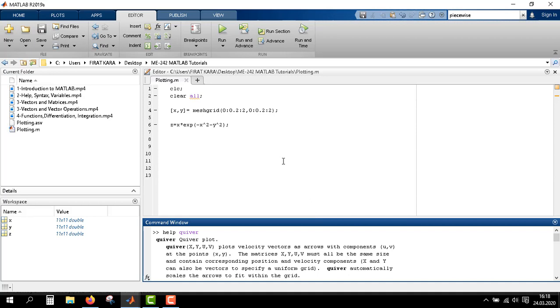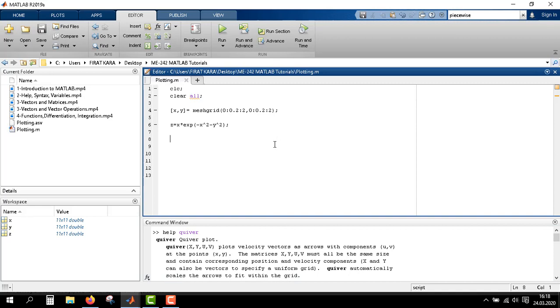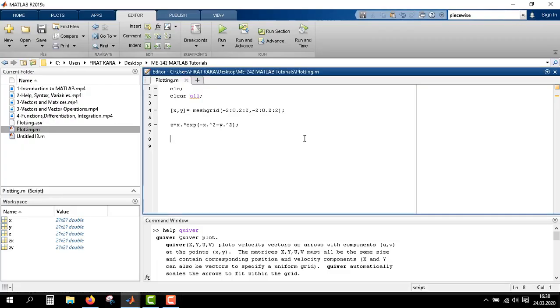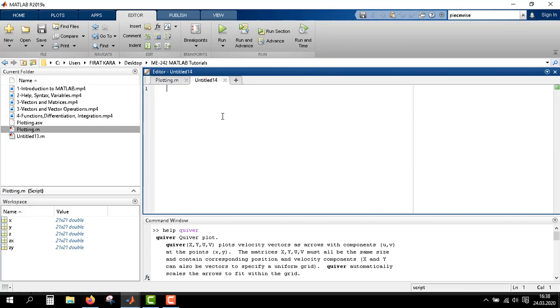You will understand better. As you know, to obtain a vector field of a scalar function, you need to take its gradient. And we know that taking gradients or derivatives in MATLAB is easy. We have a diff function. So let's take its gradient. I'm going to use another script to ease my job.